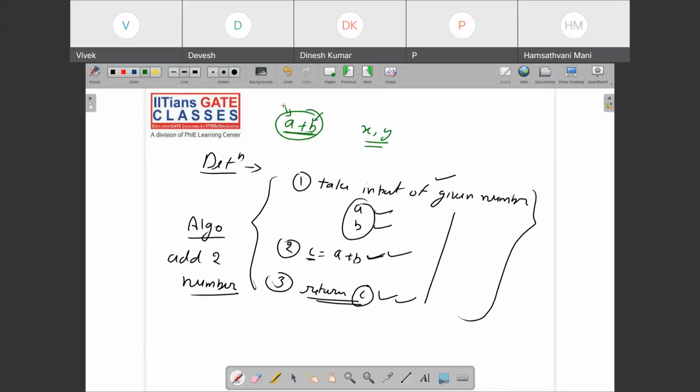Similarly, first we will take input from the user that what is the value of a? Is it 10, 20? The user will input the value. So we will take input of given numbers a and b. Then we do the summation, store in some third variable c, and we return the variable. So these three steps are required to do the summation of two numbers. Okay, so this is an algorithm to sum the numbers.